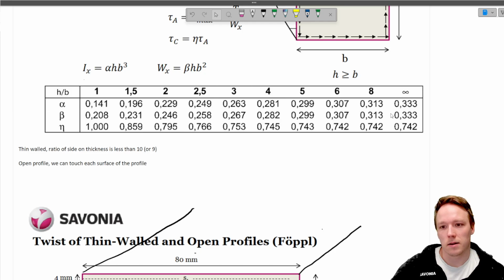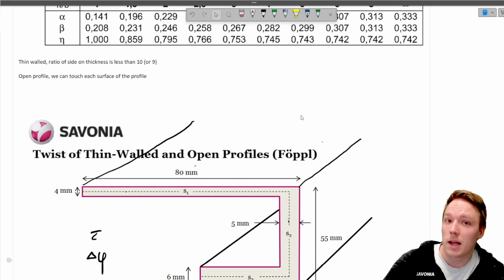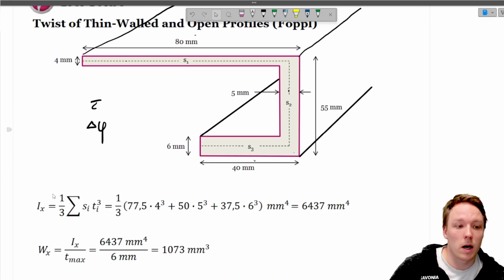We can see from the table that we use for rectangles that if the ratio goes to infinity, so basically if it goes above 10, the value for alpha will be 0.333, and 0.333 in other terms is 1 divided by 3. So that is the alpha.